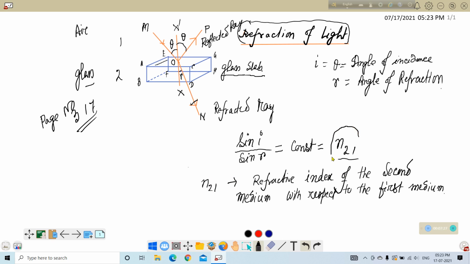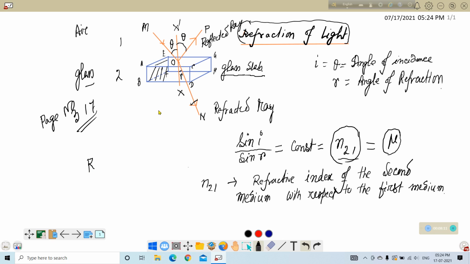Sometimes this ratio is written as mu, a Greek letter, mu 2 1 or simply mu. So that is the refractive index of the second medium, that means glass medium, with respect to air medium. This index has much implication, as it determines the optical property of the medium.